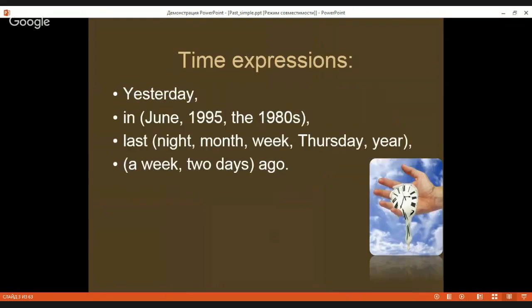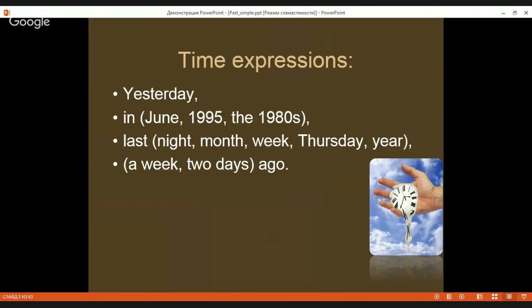What are the time expressions that can help you identify past simple? All the time expressions that help you to answer the question when. For example, yesterday, in June, in 1995, last night, last month, last Thursday, or last year. Please pay attention. In the English language, we never use a preposition in front of last.